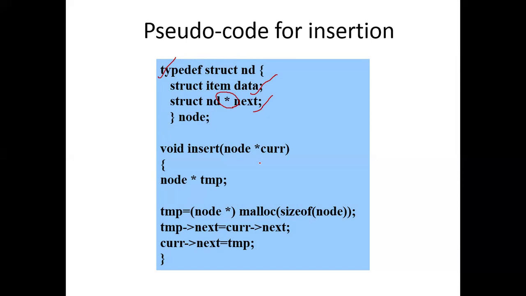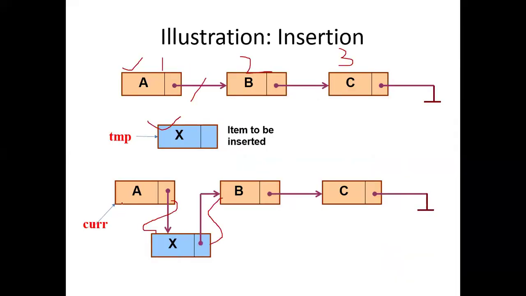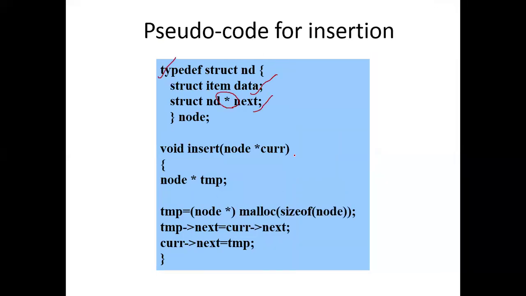First you consider the node, which in the previous slide was the current node, the node after which we are going to add the new node. So node A will be the current node. That address will be passed as a parameter to the insert function, and a new node temp will be created using the malloc function.